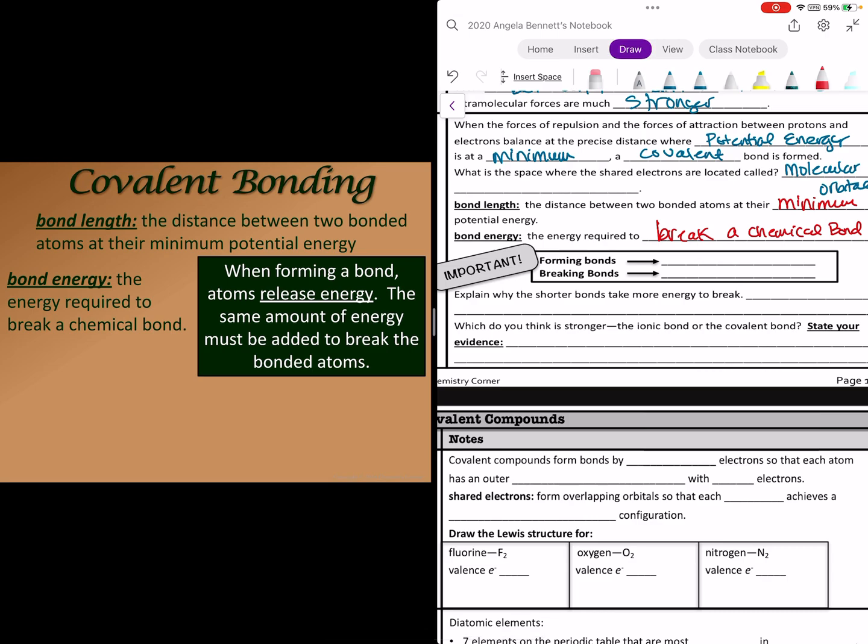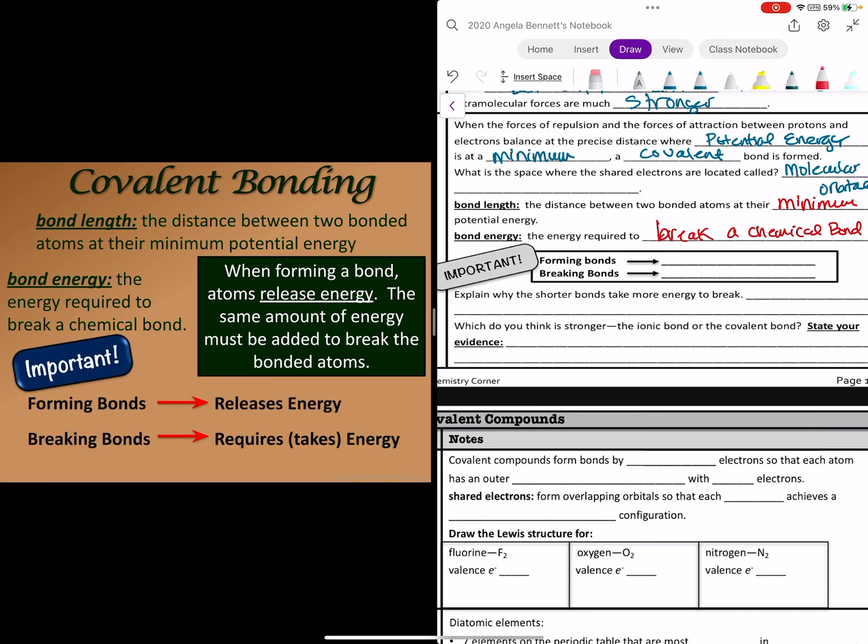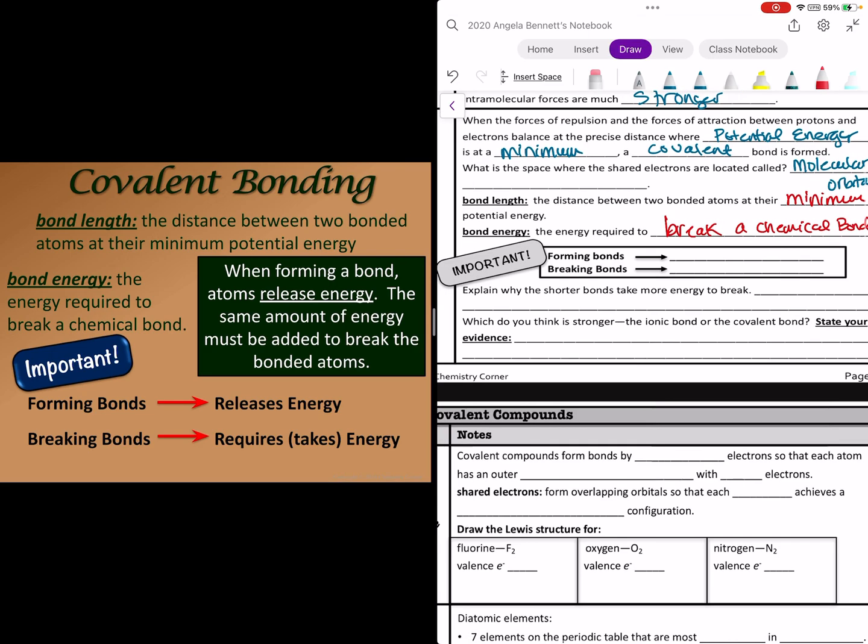Because they're going to be at a lower energy, so they don't need to have it, so they release it. The same amount of energy must be added to break the bonded atoms. So when we form bonds, we release energy, and when we break bonds, this requires energy, so you have to put energy in.